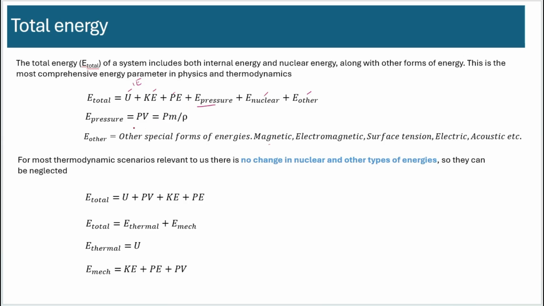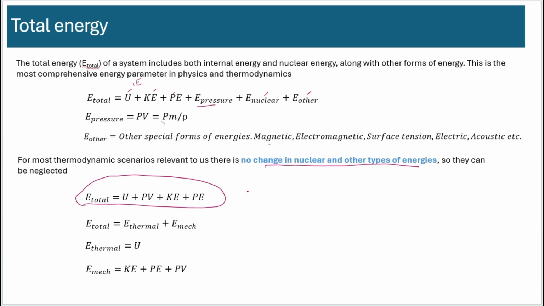Pressure energy is usually represented as pressure times volume of the system, or pressure times mass divided by density. Okay, so for most thermodynamic scenarios, there is no nuclear energy or other type of energy. So this is the total energy. When we talk about total energy from now on for a thermodynamic system, you should think about this equation.